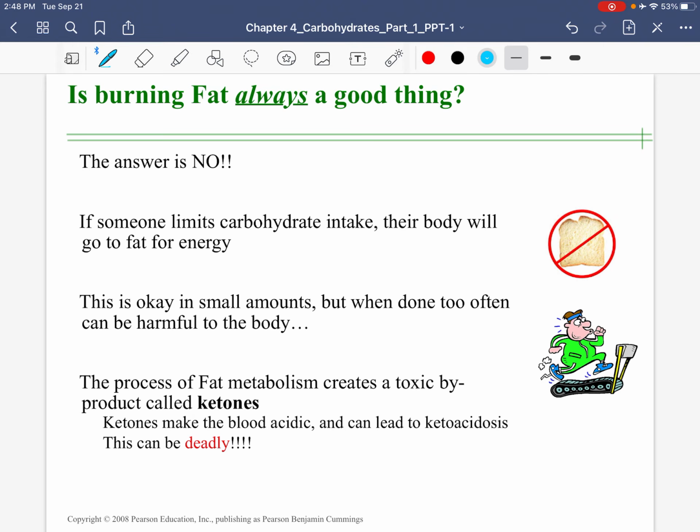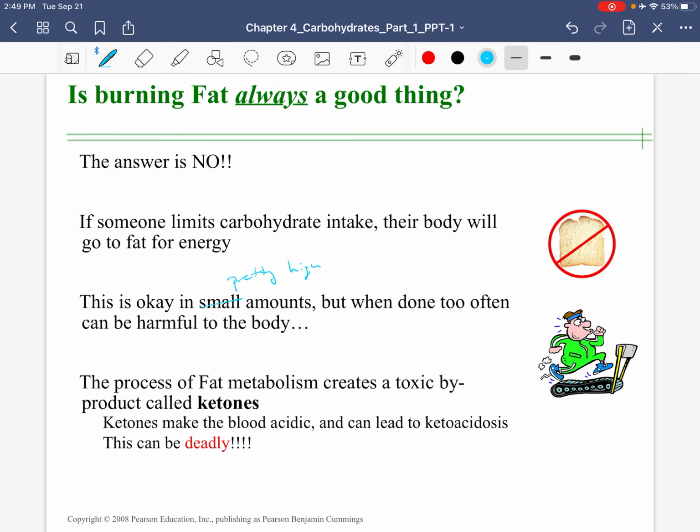Speaking of burning fat, and we'll discuss this more in our next week's unit, is burning fat always a good thing? No. We like to burn some fat. To be honest, we can burn quite a bit of fat. We can burn fat in pretty high amounts. As a matter of fact, our body likes to burn fat. But there is a potential of burning too much.